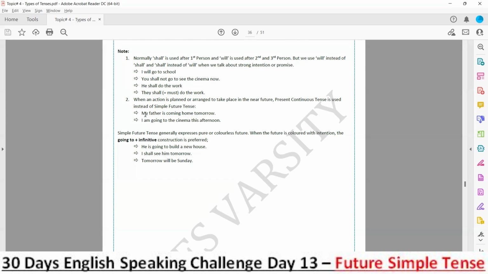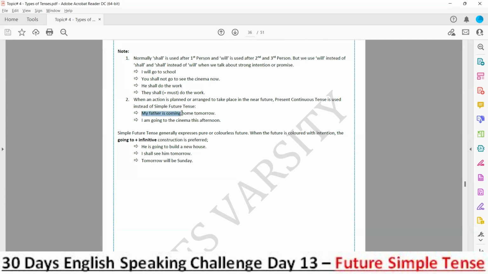Like for example, my father is coming home tomorrow. You see, he's coming home tomorrow, it's future, but still we are making the sentence in present continuous. Because when an action is planned or arranged to take place in the near future, present continuous tense is used instead of simple future tense.